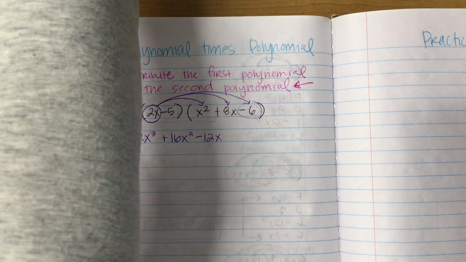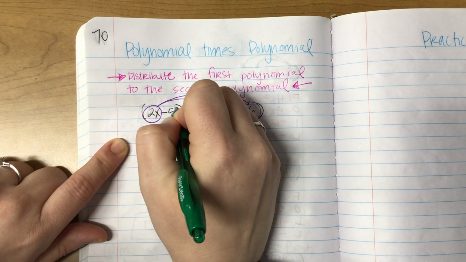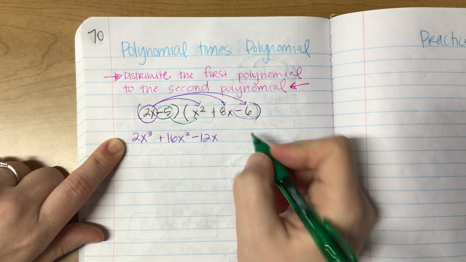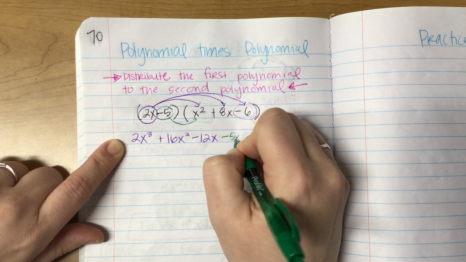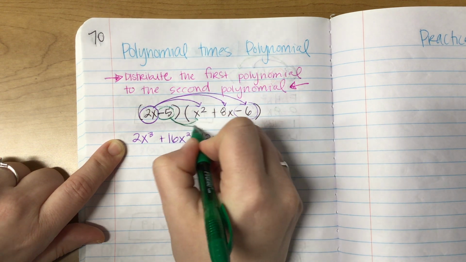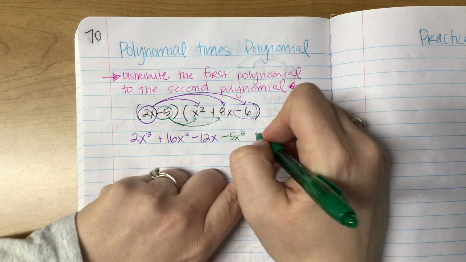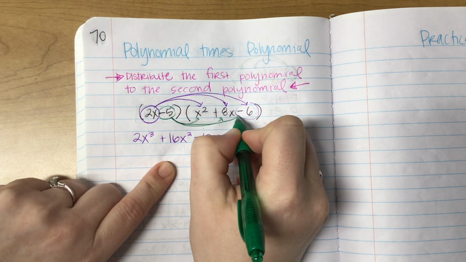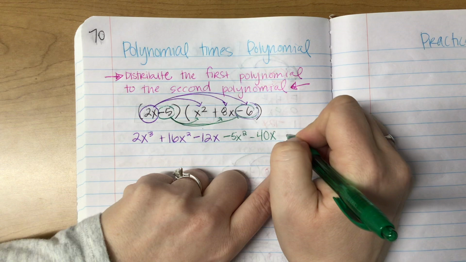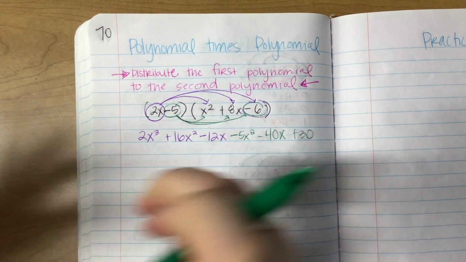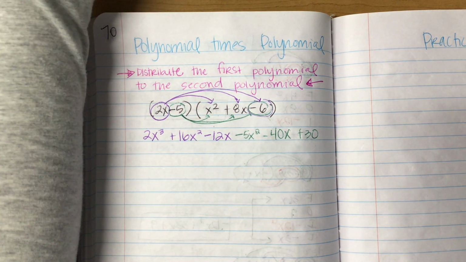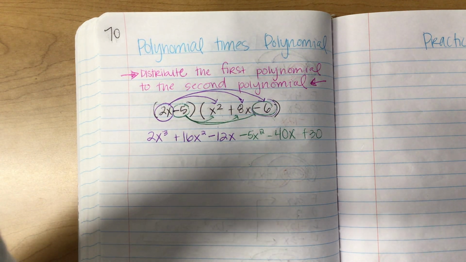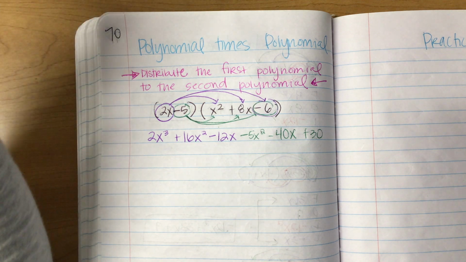And then I'm going to take my second term and multiply to x squared. So negative 5 times x squared is negative 5x squared. Negative 5 to 8x is negative 40x. And negative 5 to negative 6 is positive 30. So it's the same process, it just is a little bit longer of an answer before we can start simplifying.